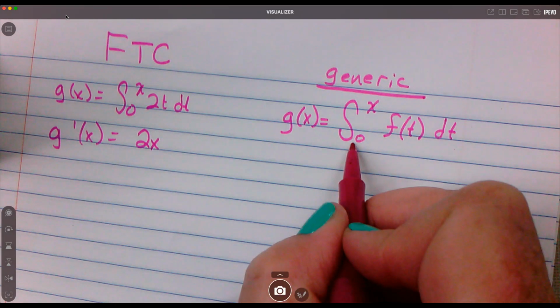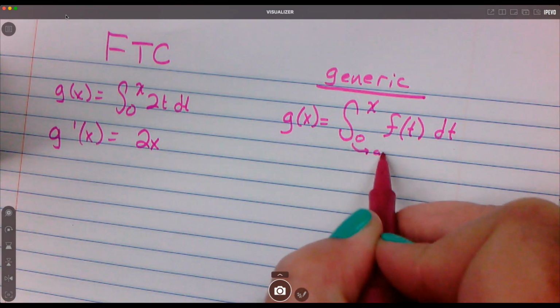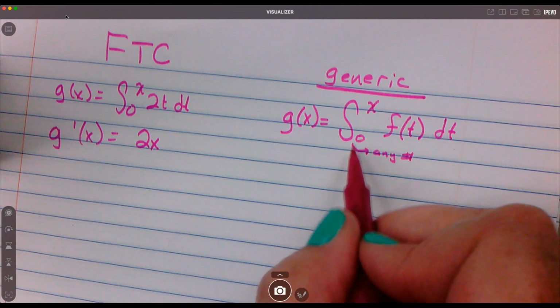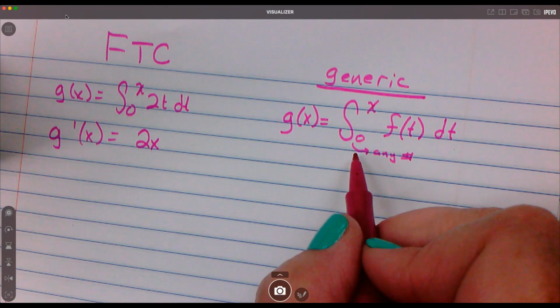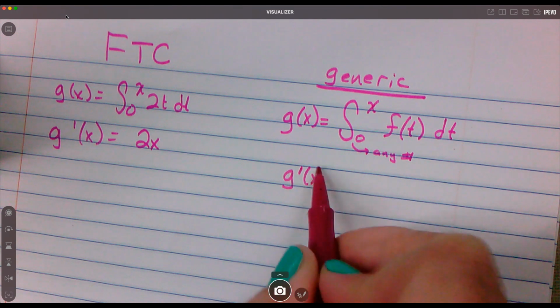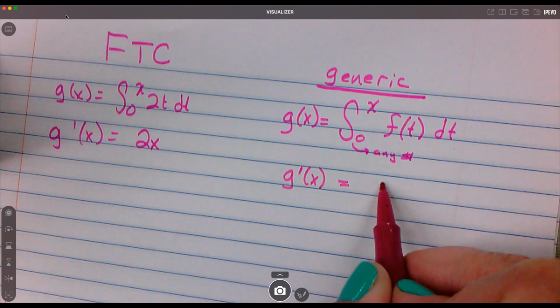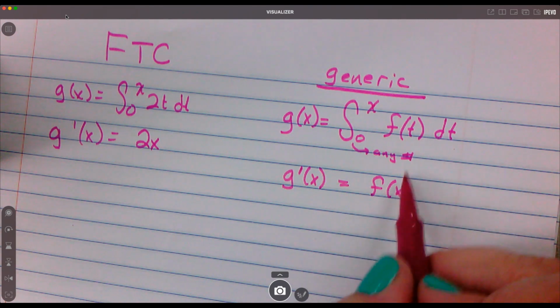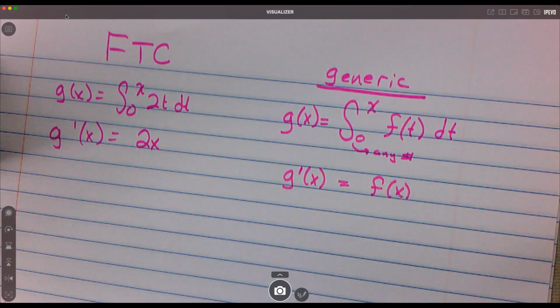And by this way, the 0 here can be any number they want, and it doesn't change what we're doing. And so g prime of x in this situation equals f of x. So we change f of t to f of x, and that's it.